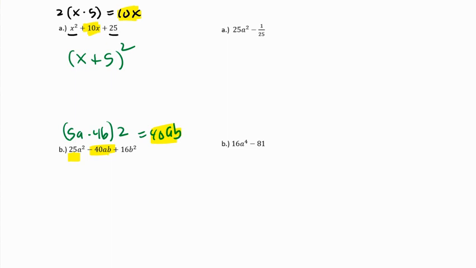So the square root of 25 is 5. Square root of 16 is 4. So we multiply those together. Because it works, then I could say 5a minus 4b squared.